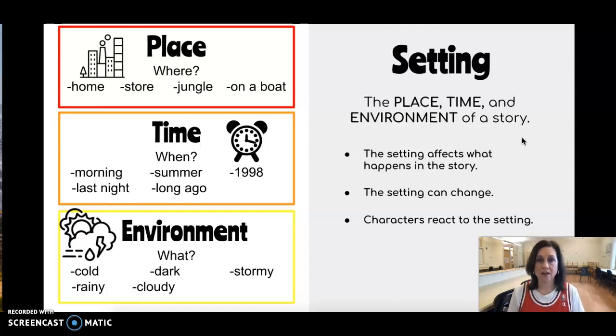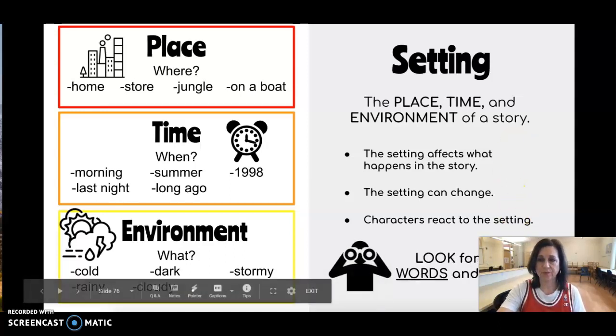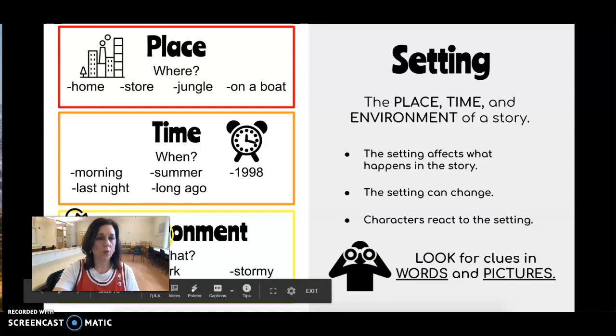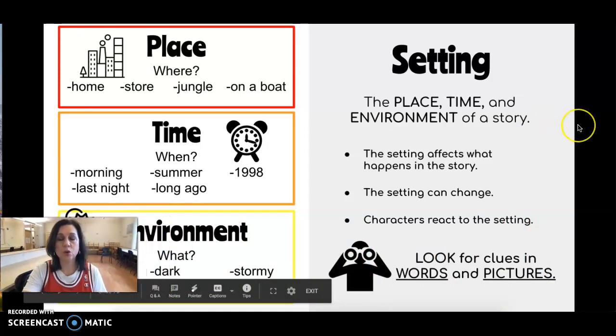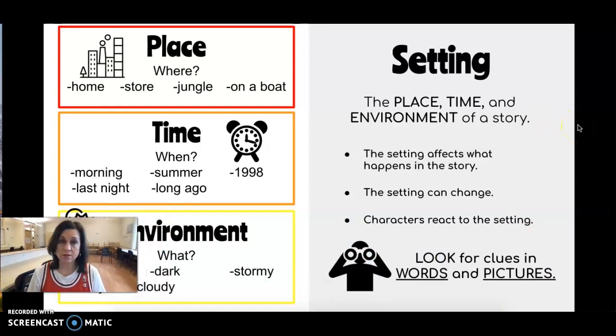That's going to affect the character that we're dealing with. What I want you to do is look for clues in the words and in pictures, if there are pictures. And our mentor text does have pictures.